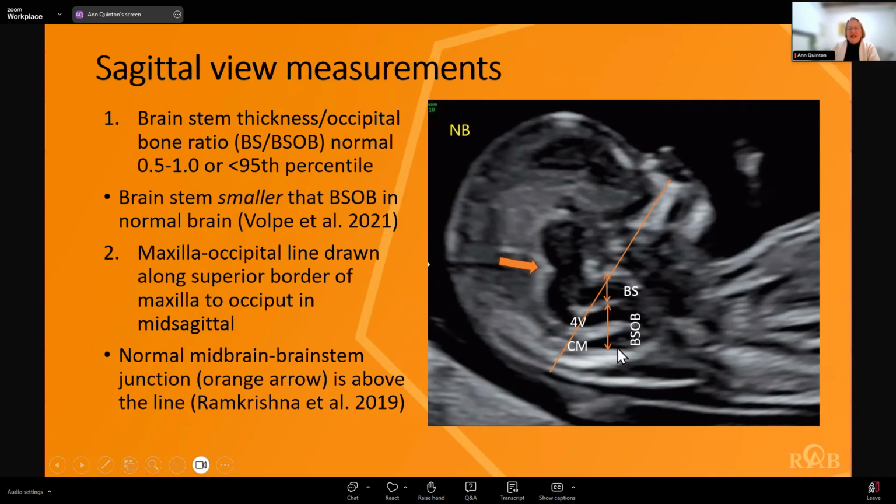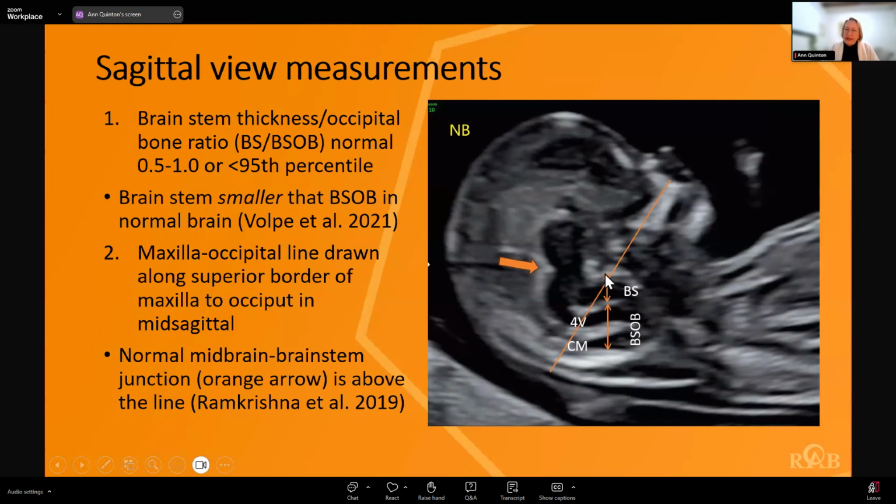Anyway, so in the normal fetus, the brain stem is normally smaller than the fourth ventricle, the choroid bar, and the cisterna magna combined here. So this measurement here. And in the normal fetus, the ratio of the brainstem over the BSOB is about 0.5 to 1.